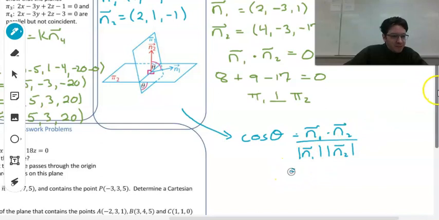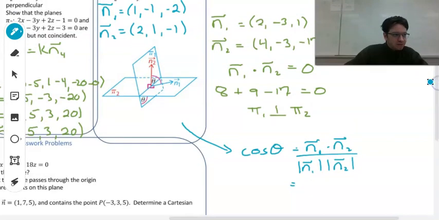Okay, so taking their dot product, we have 1 times 2, which is 2, plus -1 times 1, which is subtract 1, plus -2 times -1, so add another 2. Now remember how to find magnitudes.